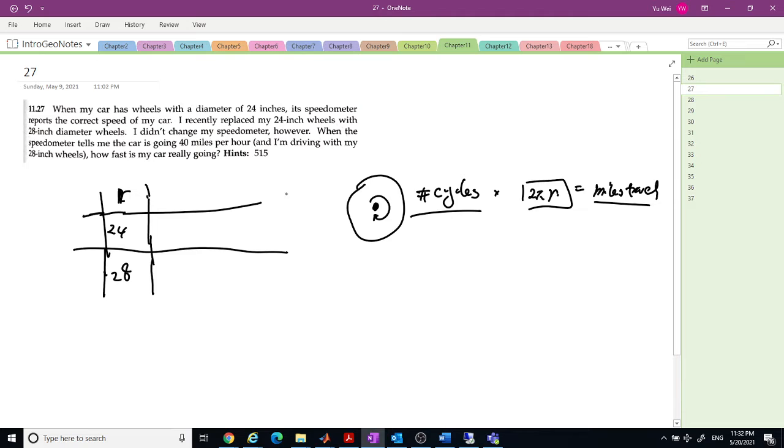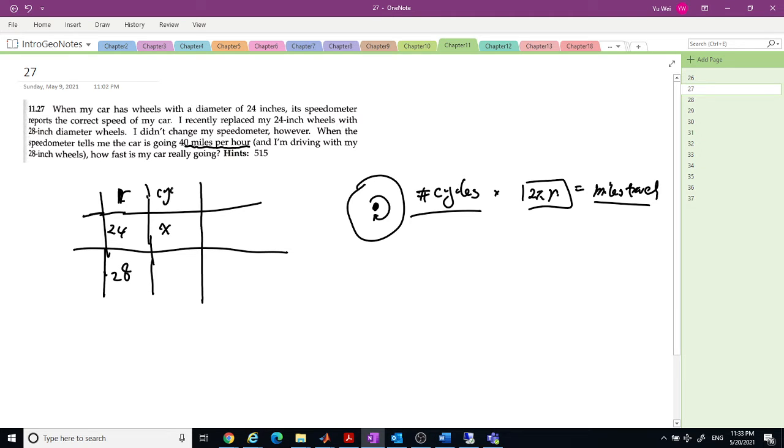However, when the speedometer tells me my car is going 40 miles per hour, and now I'm using the 28-inch wheels, how fast is my car really going? When we measure 40 miles per hour, we are doing x cycles per hour.